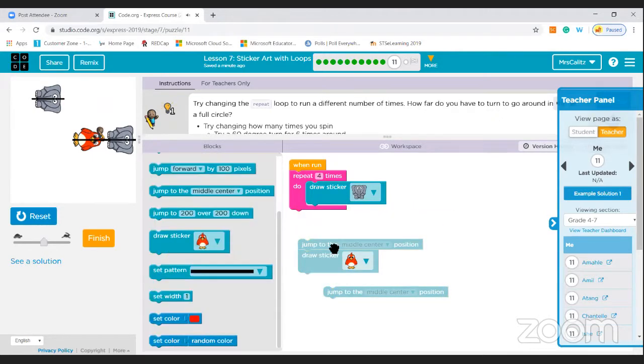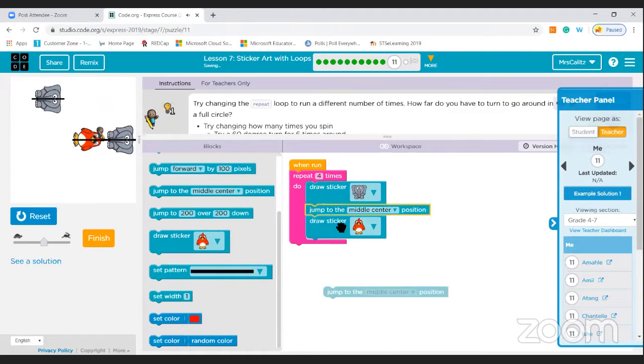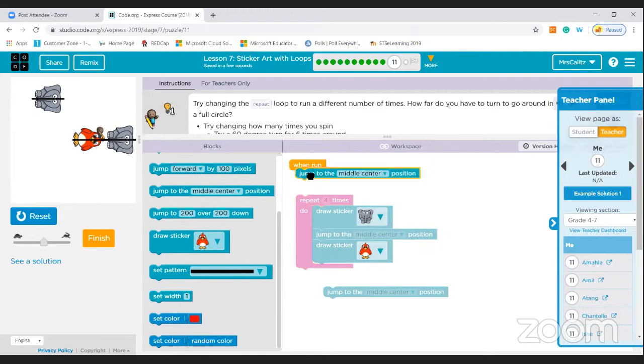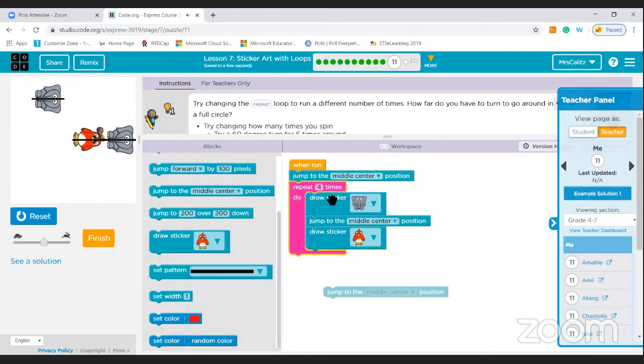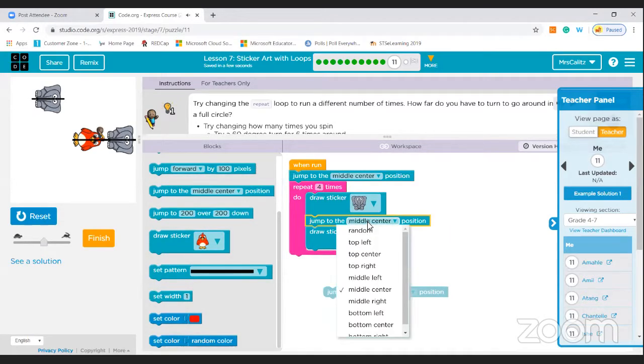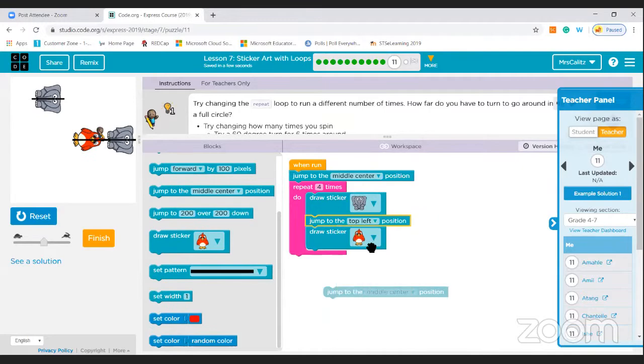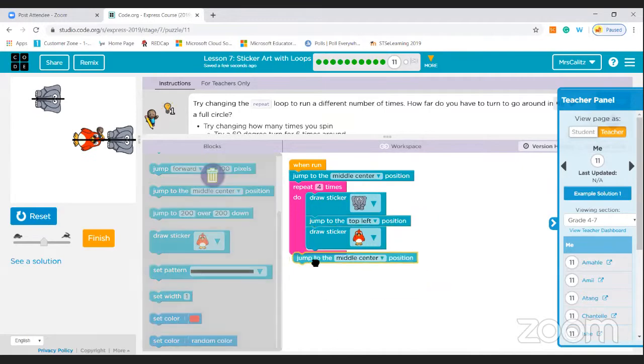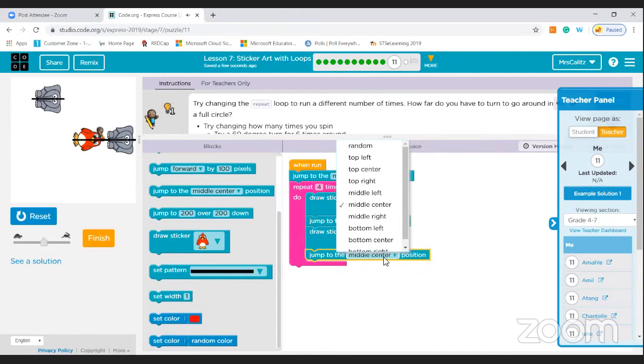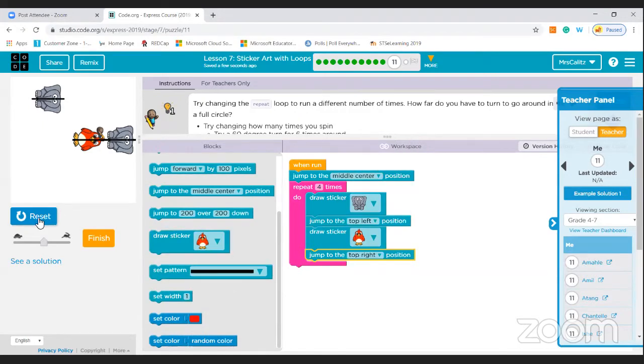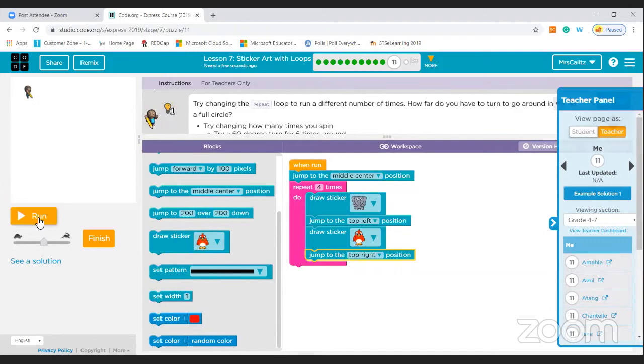Let's do it this way. Let's jump to the middle center here at the top. Okay. Now we're drawing a sticker. Now we are turning top left. Top right. Let's see what happens if we do it this way.